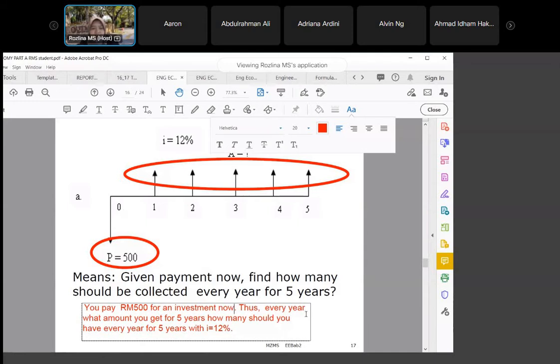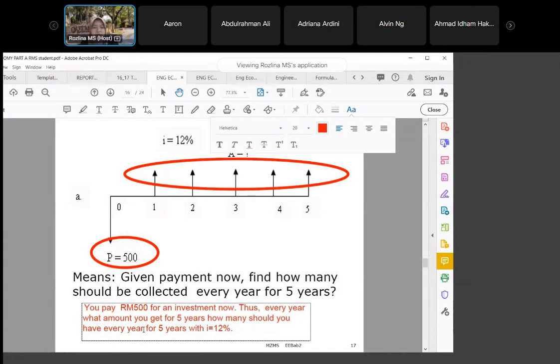Okay, thus every year, that means you have to put the arrow from 1. The rule is, if it is A, annual, it must start at number 1, not 0. It must start at number 1.